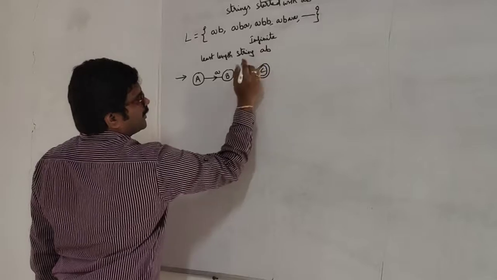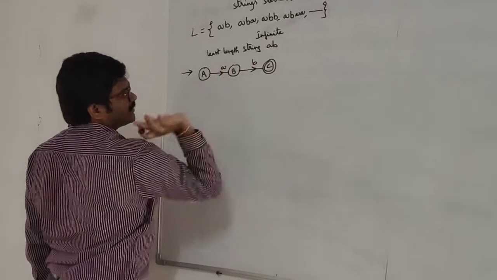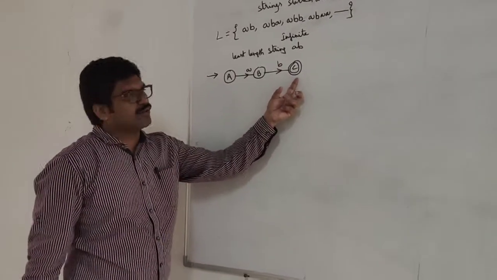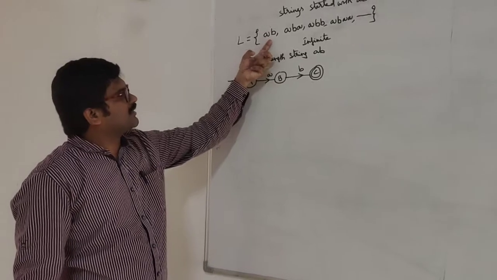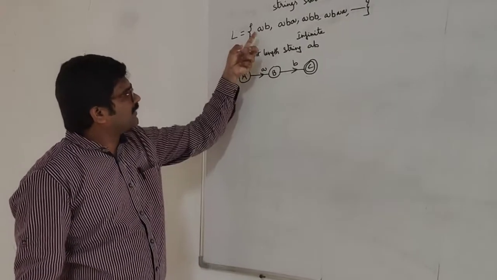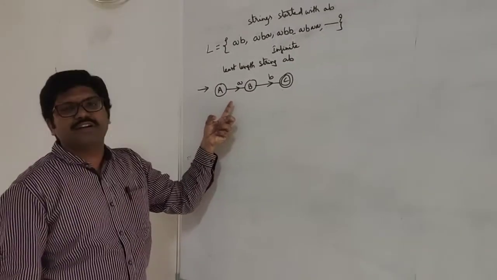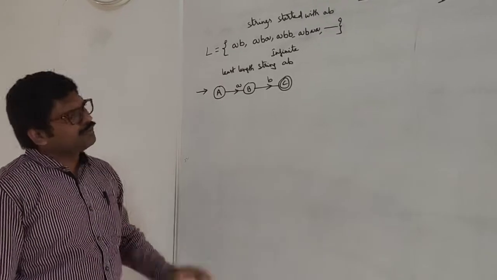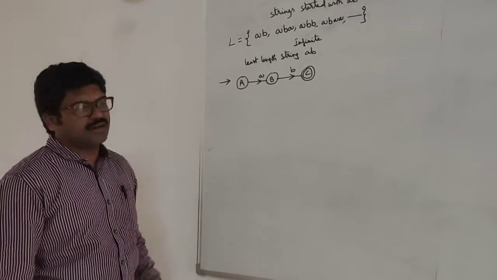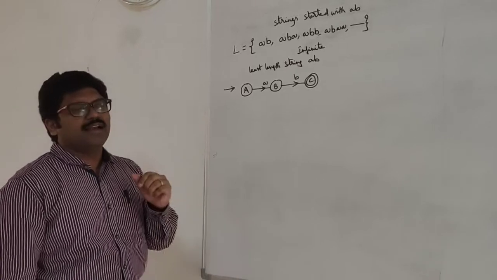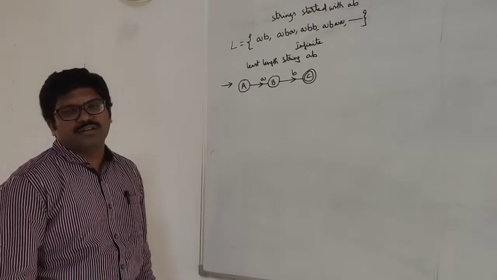Why? Because I need to accept, right? So here a, here b, and finally I am accepting, because my string ab is available in this language. Therefore, for ab, this is the skeleton of the DFA. For every problem, you need to draw the skeleton first, and after that you need to work on the DFA.